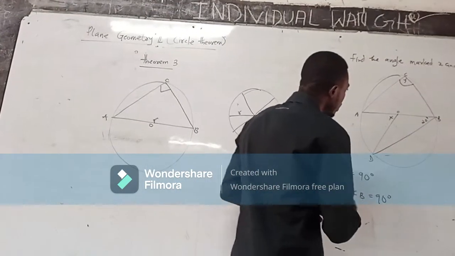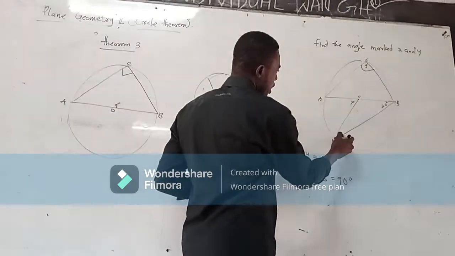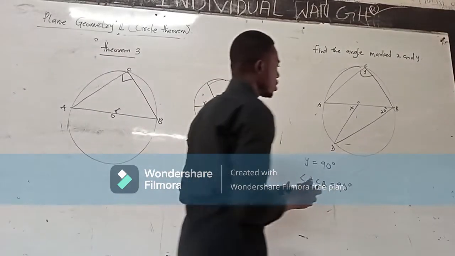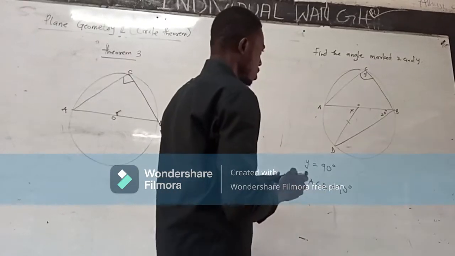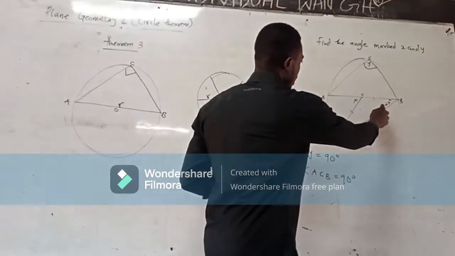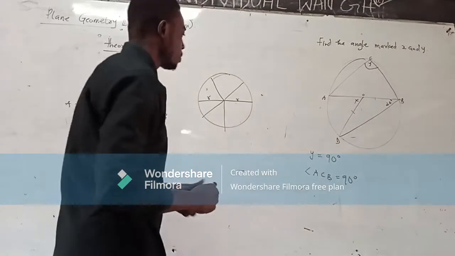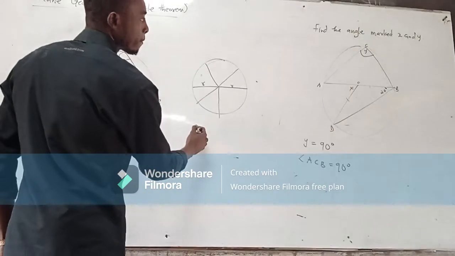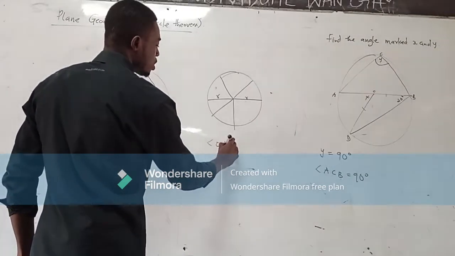So here, the line OD is a radius, and the line OB is also a radius. So this place will be equal to this place. If here is 20, definitely here will also be 20. So let's work it in that way. Angle ODB.